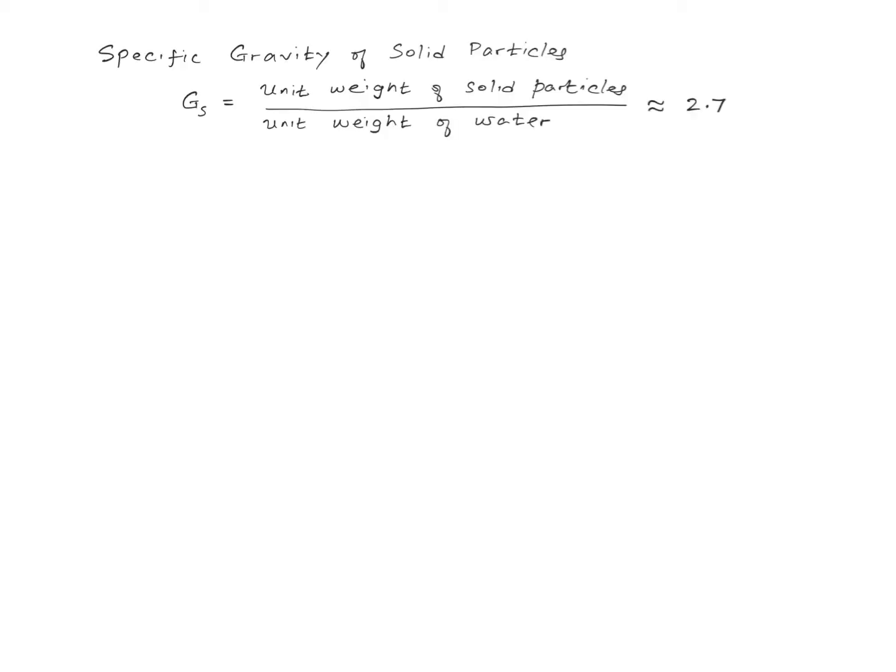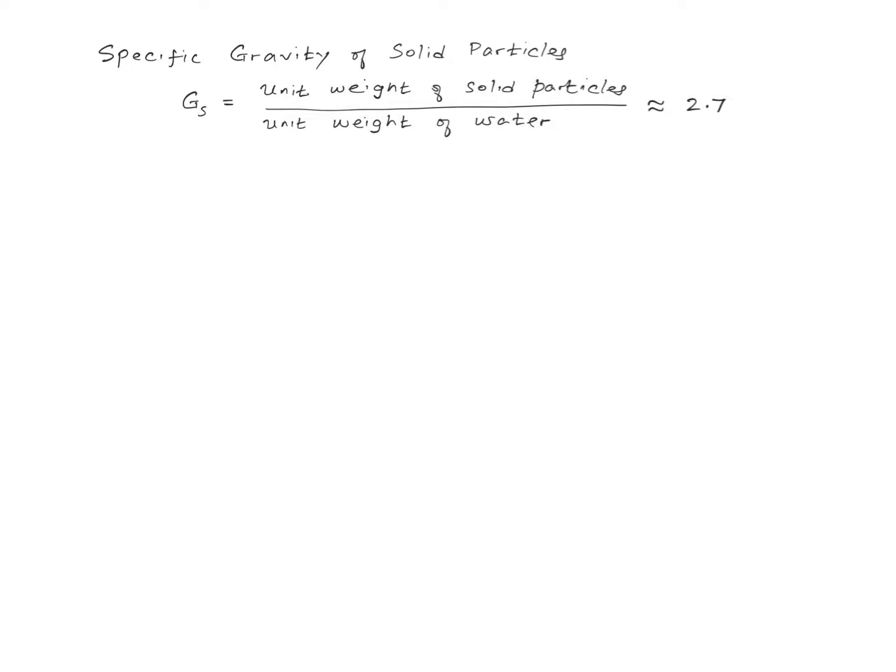Let's get a few other basics out of the way before we get into the weight-volume relations. Specific gravity. So this is the quantity that tells you how heavy a material is in relation to water. We are mostly interested in solid particles, so let me go ahead and define it for the solids that we have in soil.